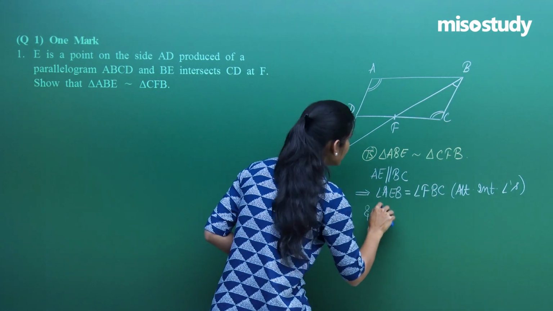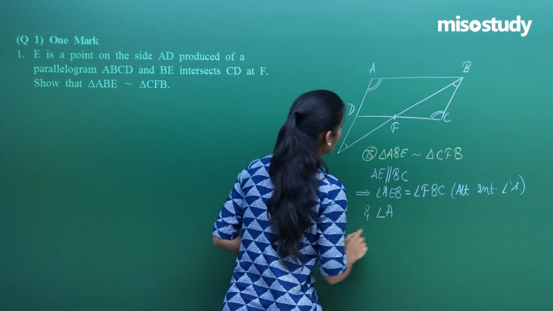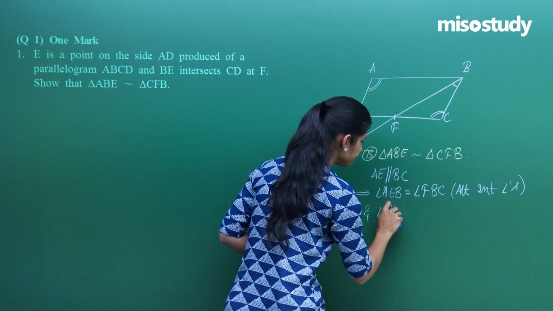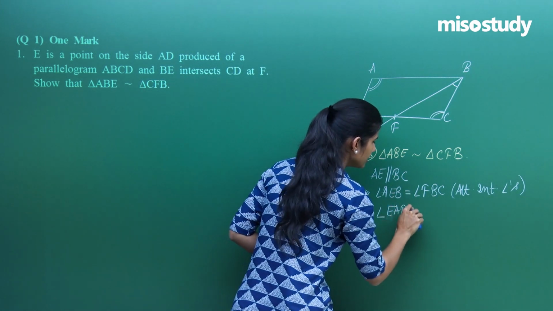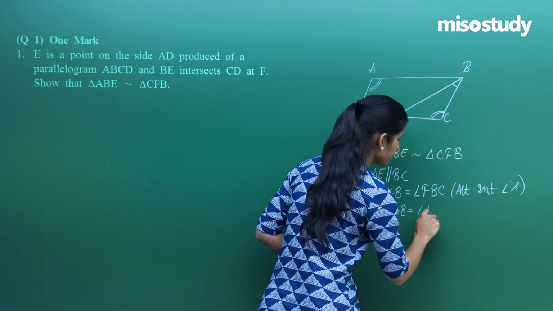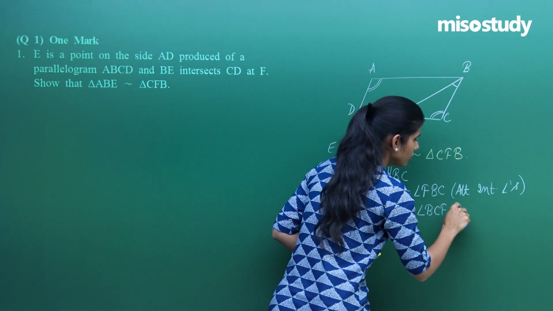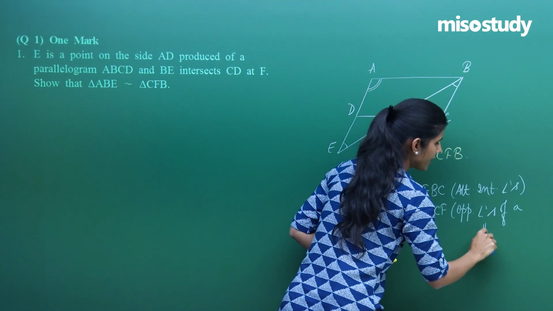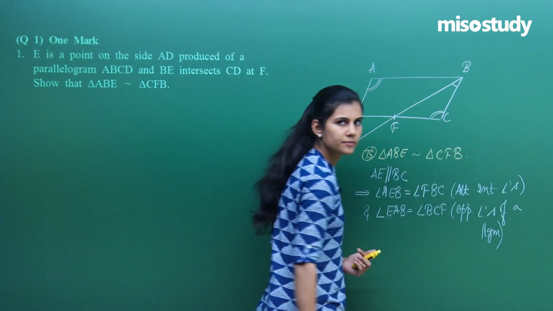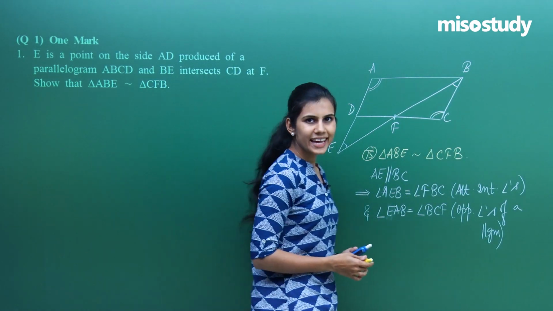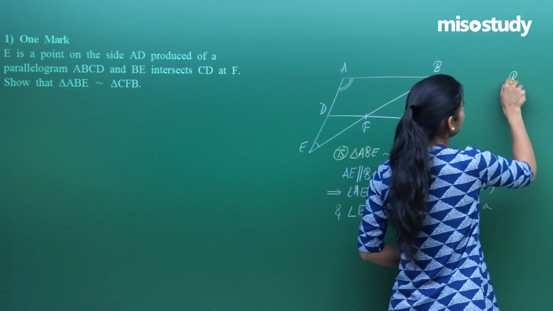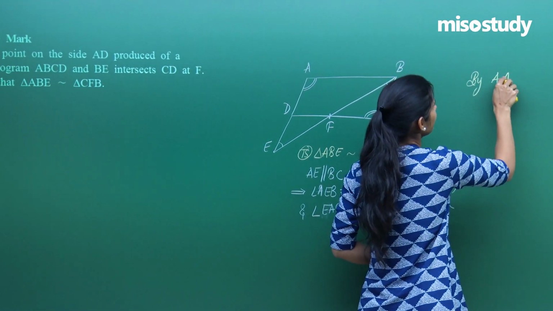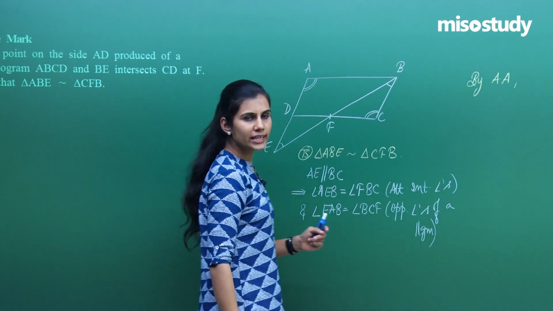So I have angle EAB is equal to angle BCF, opposite angles of a parallelogram. And therefore by AA similarity criteria, you have two triangles similar.